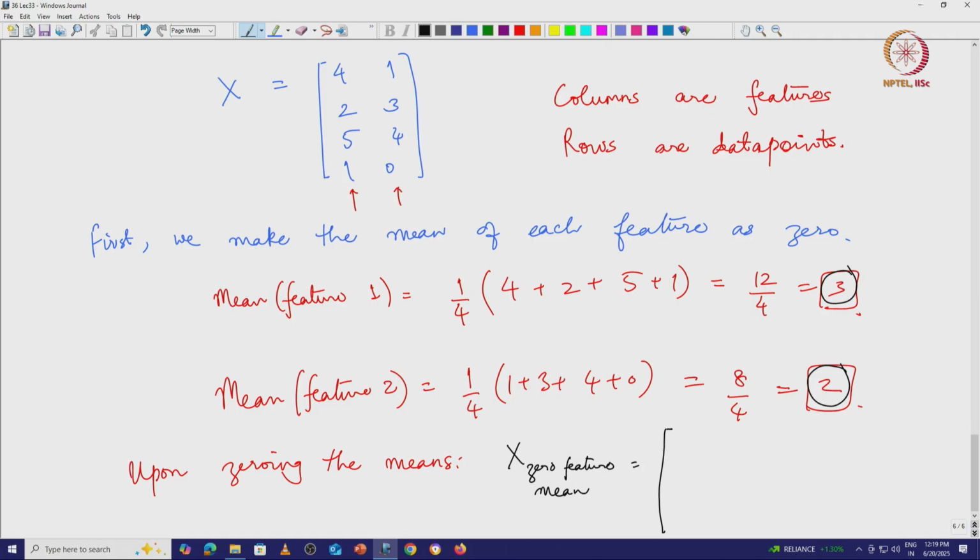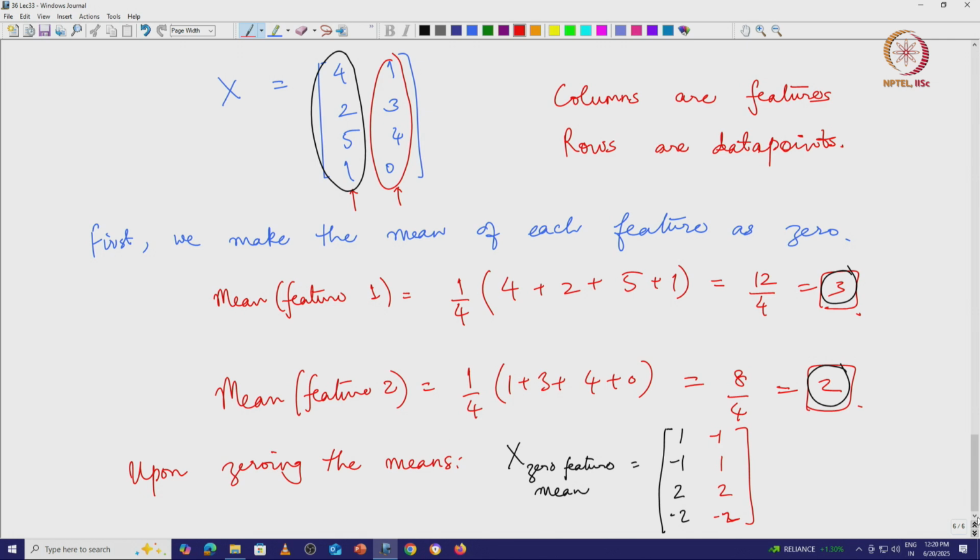So subtracting 3 from the first column gives 1, minus 1, 2 and minus 2. And subtracting 2 from the second column, it will be 1 minus 2 is minus 1, 3 minus 2 is 1, 4 minus 2 is 2, and 0 minus 2 is minus 2. So the entries in the second column are minus 1, 1, 2 and minus 2.